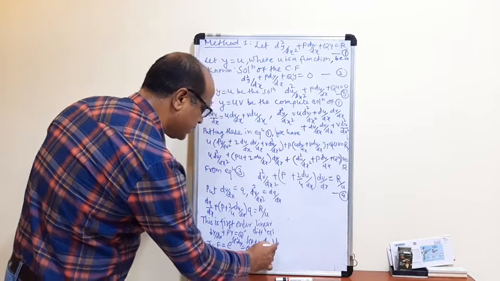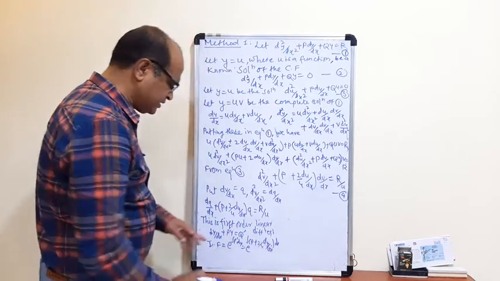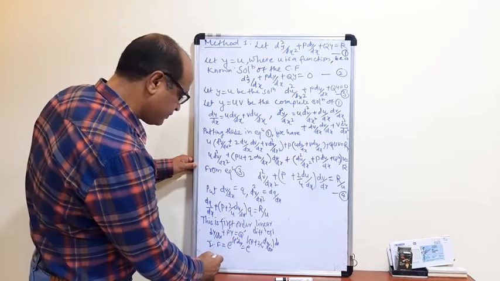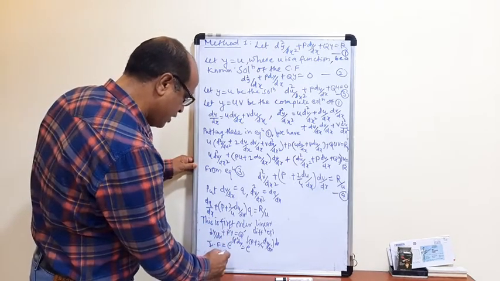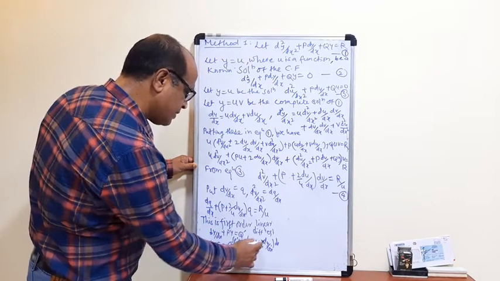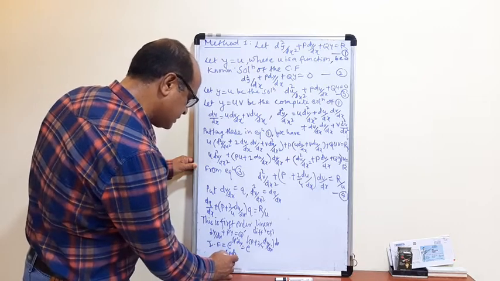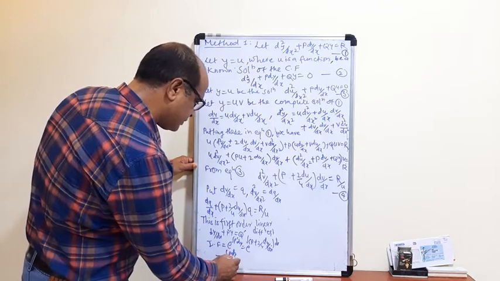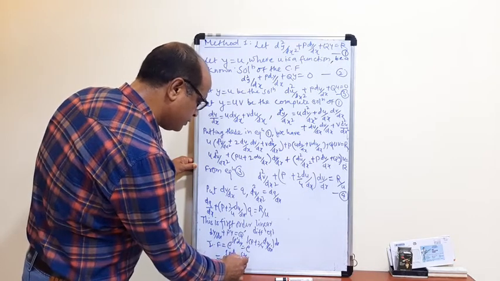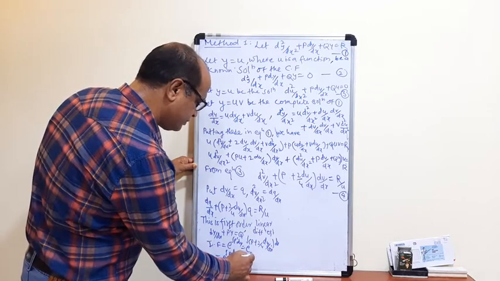After solving this, which is very simple, we get e raised to integration of p dx plus integration of 2 upon u, dx cancels, so du.